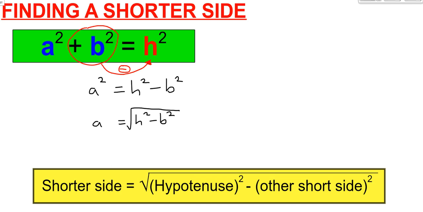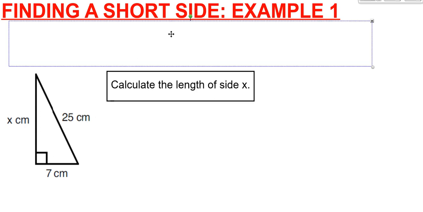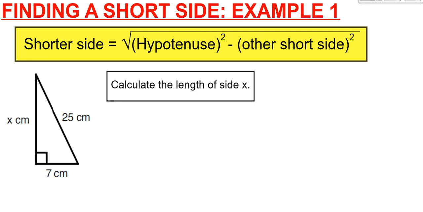So let's try and apply this, shall we? First of all, calculate the side x. This time you need to recognise that the hypotenuse is 25. That's been given to us. Because we know the longest side is 25, and we want to work out what x is, which is one of the shorter sides, x will be the square root of the hypotenuse squared, 25 squared, subtract the other short side, which we know.